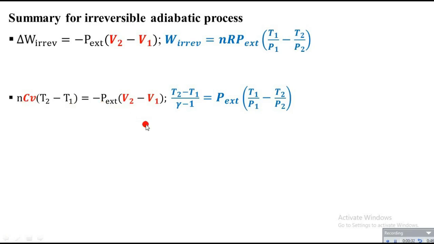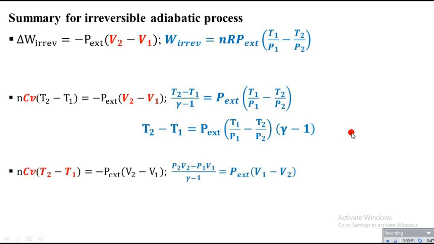Then here we have replaced the Cv and we have replaced the volumes to get the equation to calculate the final temperature. And we can also rearrange this equation, T2 minus T1, by multiplying gamma minus 1 to this side to get also this equation to calculate the final temperature. So we have also replaced the Cv and temperature to get the pressure volume relationship.